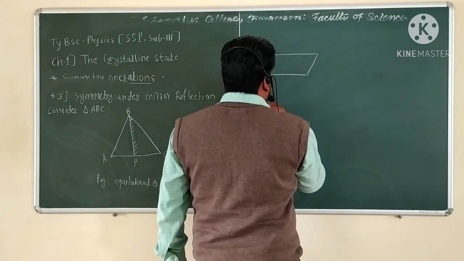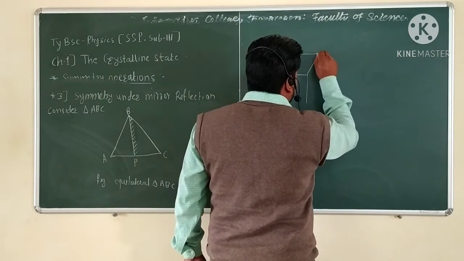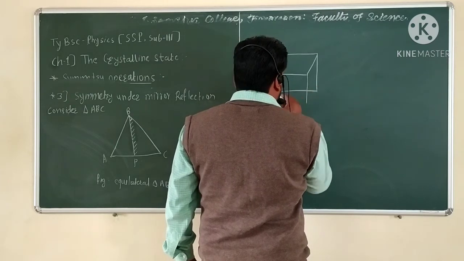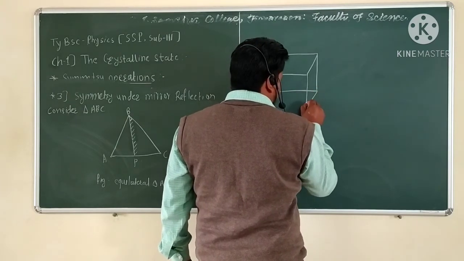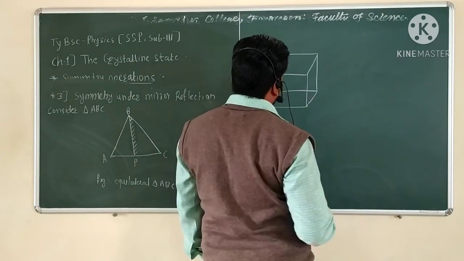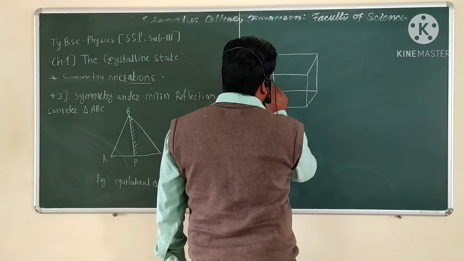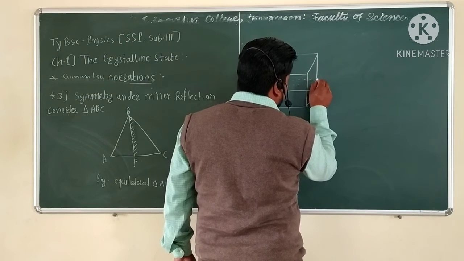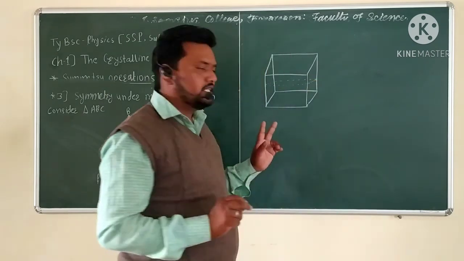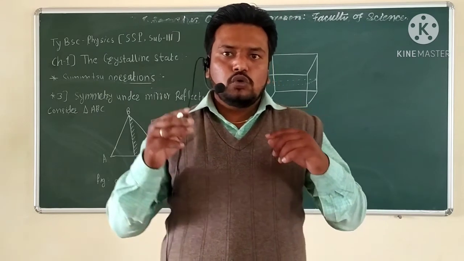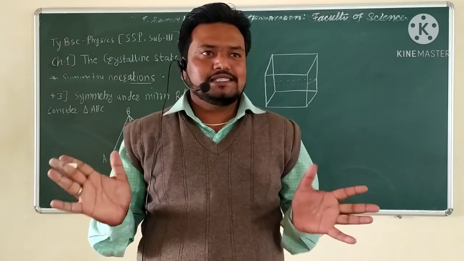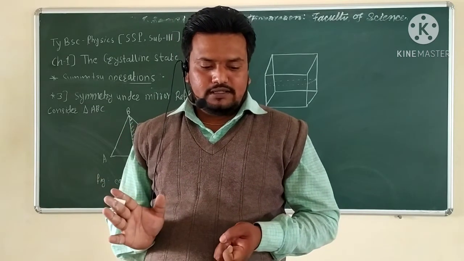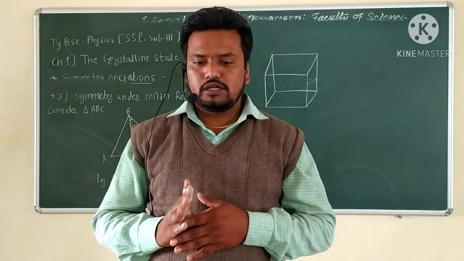Consider this is a cube, and if we cut at exactly the center part of this cube, so that exactly two equal-size, same parts are formed, so we say that it is the symmetry under the mirror reflection.